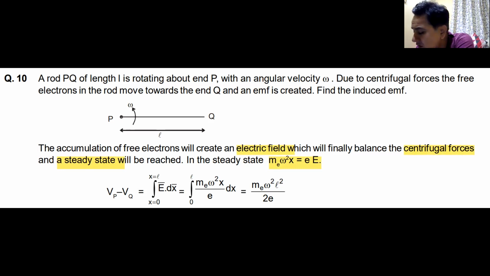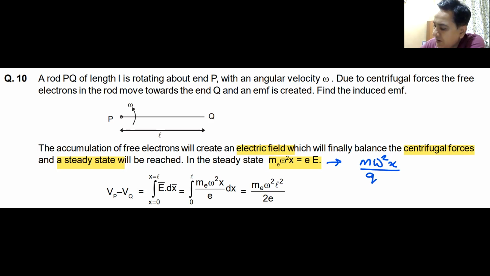In steady state, they will not move. So m omega square x, where m is the mass of the electron, will be equal to q into E, where q is the charge of the electron. Are you getting my point, beta? Yes, sir. From here, you can find out the value of the electric field. Electric field E becomes m omega square x by q, where q is the charge of an electron.